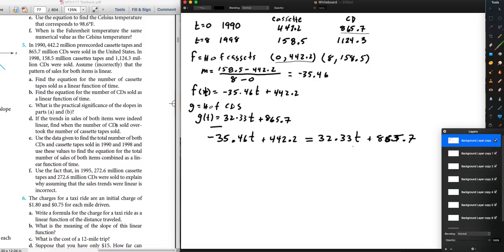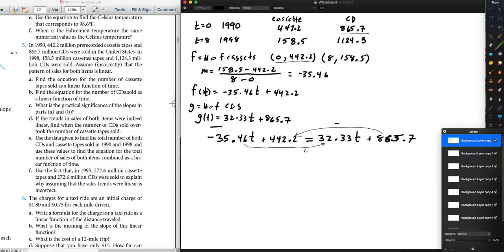If you solve this equation, just bring all your t's to one side and all your constants to the other side. So I subtract the 865.7 over to this side, and I want to move my t's this way, so I'm going to add that t over.